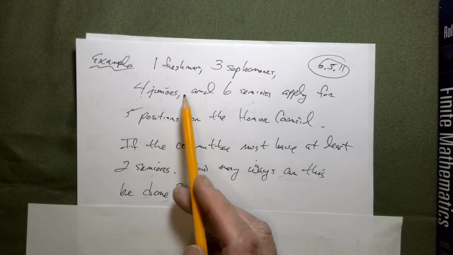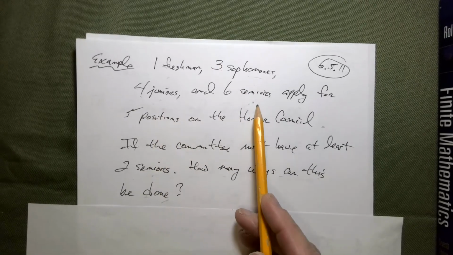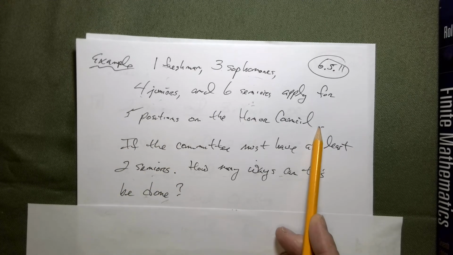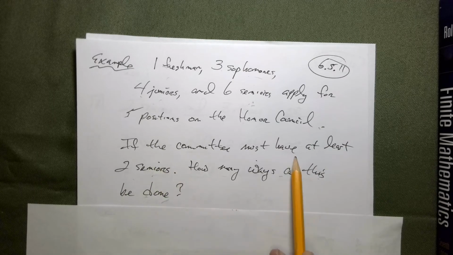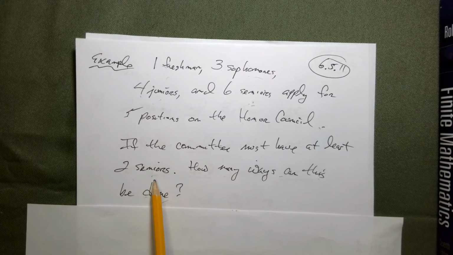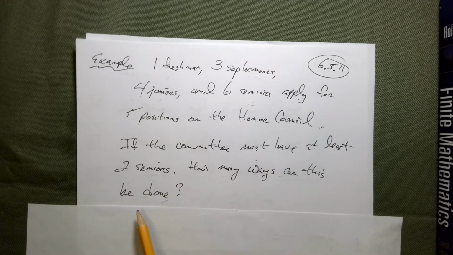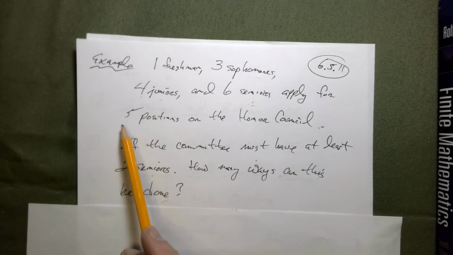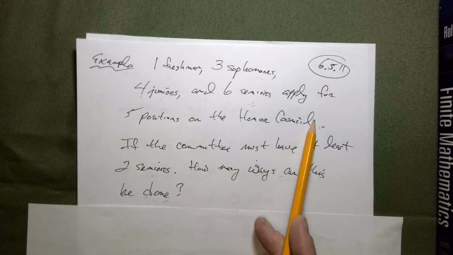We have 1 freshman, 3 sophomores, 4 juniors, and 6 seniors apply for 5 positions on the honor council. If the committee must have at least 2 seniors, how many ways can this be done? Okay, now this is getting a little bit more interesting. We're going to have 5 positions on the honor council.